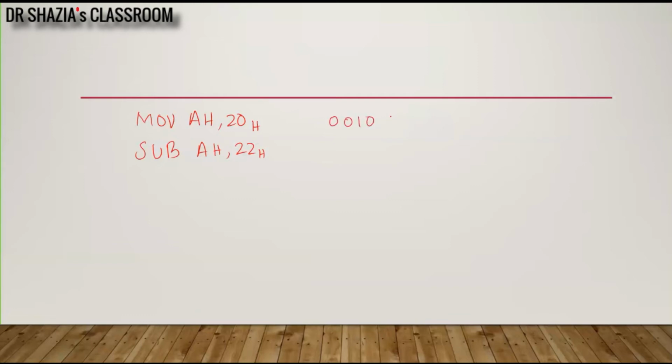0010, 0000, 0010, 0010. So for this particular subtraction, we need in this case a borrow. So when I'm taking a borrow here, 10 minus 1 will be 1. 1 minus 0, 1 minus 0.